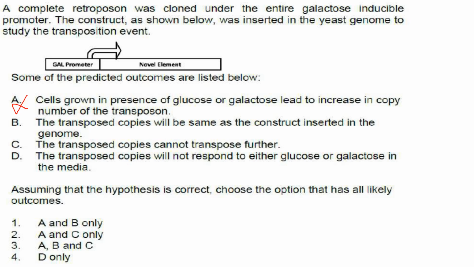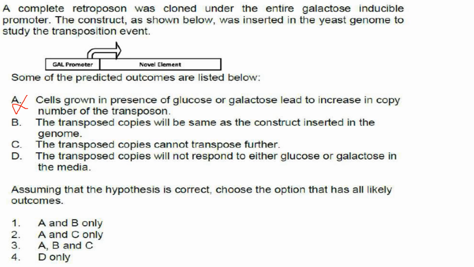No, the transposed copies can never be the same as the construct inserted in the genome, because when transposons move, they often integrate into the genome at random sites. And these transposons, once transposed, can still undergo transposition events. So the copies of transposed will not be the same.